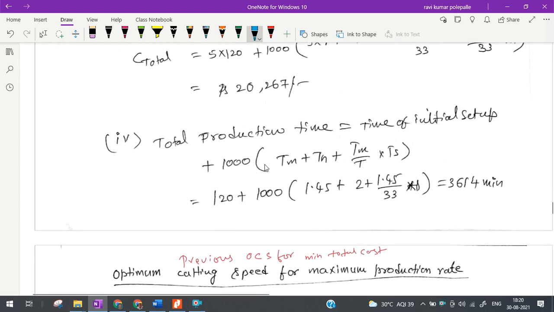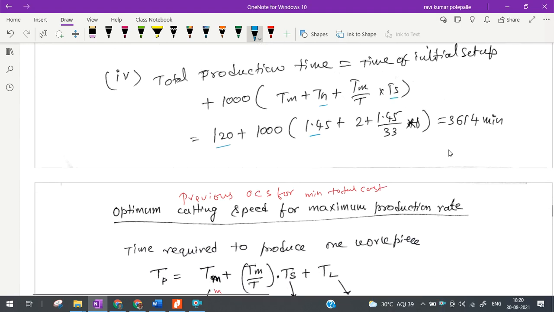And total production time: the time for initial setup, that is 2 hours converted into minutes, is 120 minutes. Measuring time is included, handling time is included, setting time into number of settings, right? So this will give a value of 3614 minutes.